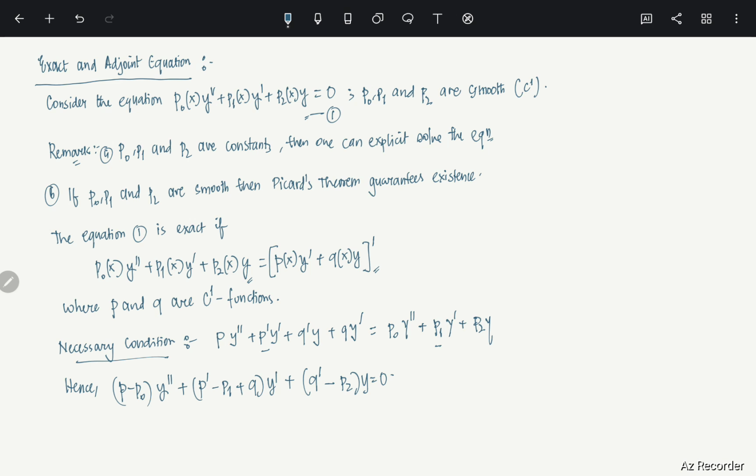Essentially, we are saying this expression equals this expression for any y, it doesn't matter what y is, at least such that y double prime exists and is continuous. So this should hold for all y in C2 of I, whatever the interval we are looking at.